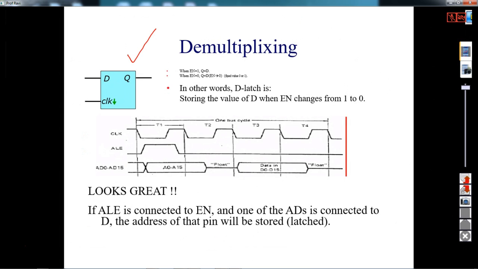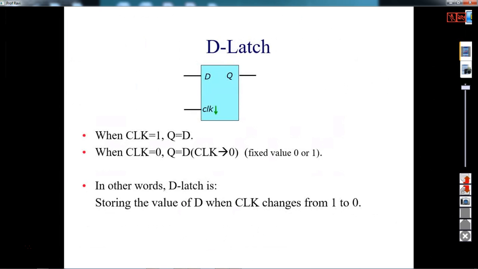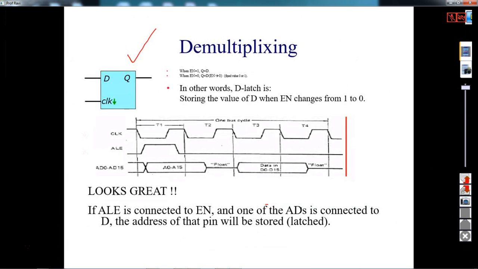ALE is connected to enable, and one of the ADs is connected to D. That means AD0 can be connected to D, and enable is connected.